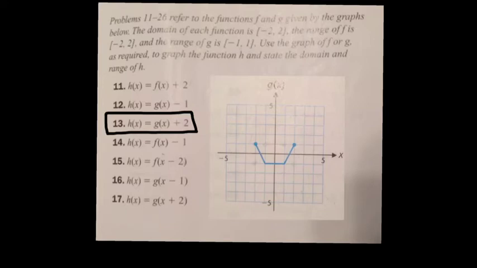So if I start with that point -2, 1 and shift it 2 units up, same thing with the point -1, -1, I can take that with a vertical shift 2 units up. Same with 1, -1, bring that up, and here as well. Follow the pattern. Here is my function h of x.